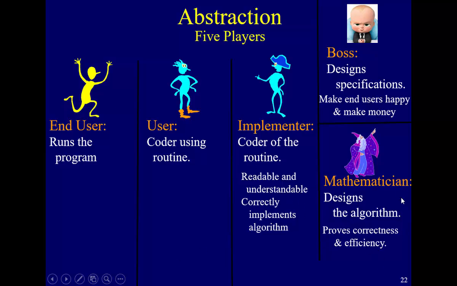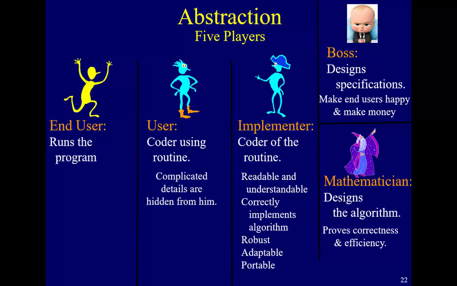This guy is making sure the algorithm is correct, and this guy is making sure that the code is implementing the algorithm. So even as you're doing your projects, you want to first be the mathematician and come up with a good algorithm, and then make sure you implement it correctly. So it needs to be robust and adaptable and portable, like we were talking about.